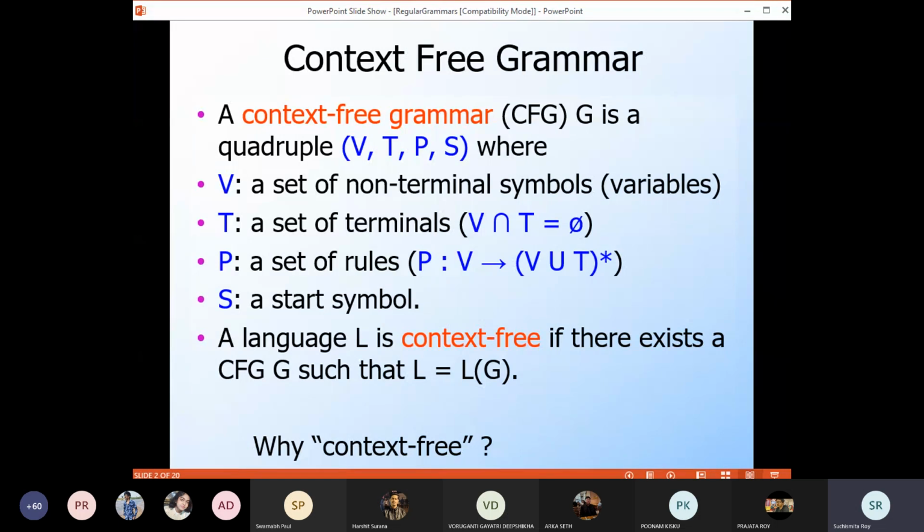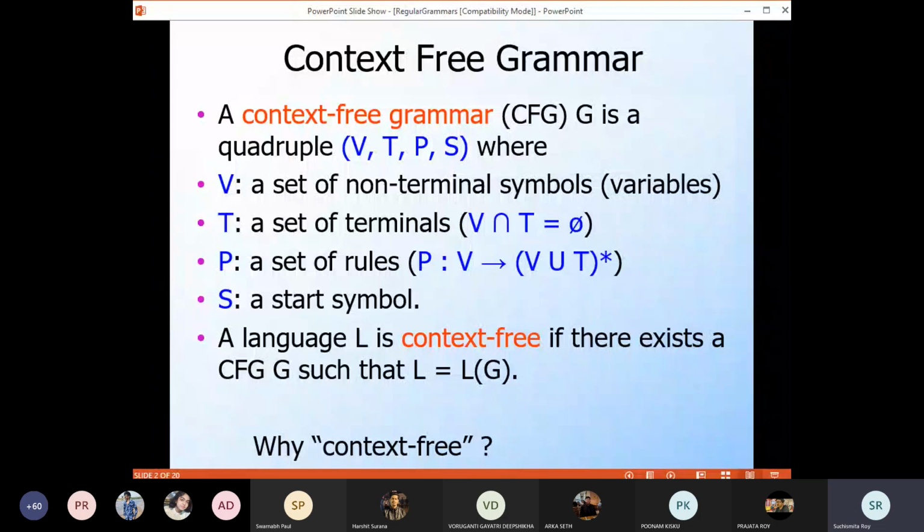Now, please remember, that means a very little restriction on the left hand side. And this lack of restriction is what makes context free grammars more difficult to create. Okay, because remember, when you have lots of rules defined for you, then finding a solution which meets those rules is easy.